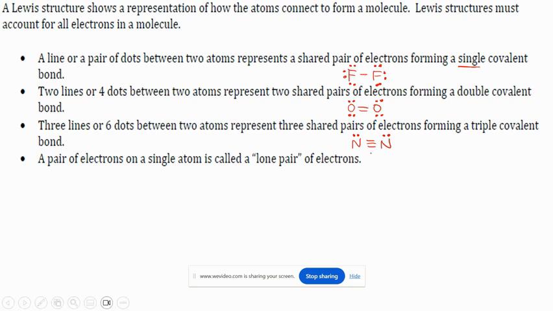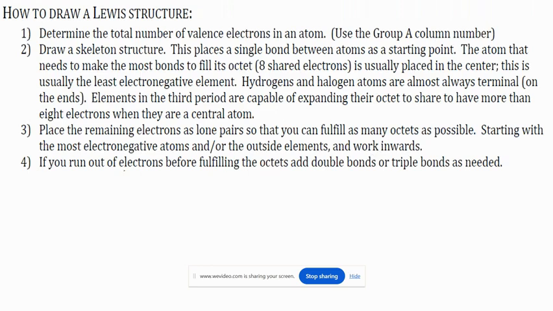Okay, makes sense? All right. So when you are doing a Lewis dot structure, you're going to count up the total amount of valence electrons in terms of the different atoms that you're dealing with. You're going to draw a skeleton structure where you single bond everything together.